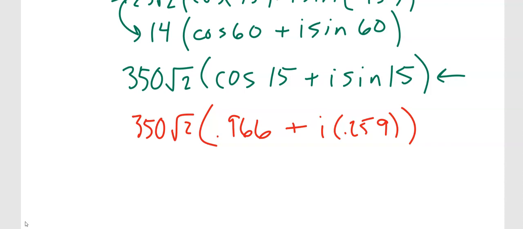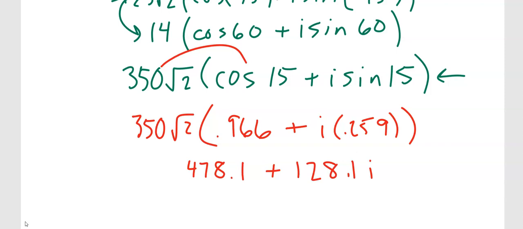So basically taking this times that, 478.1. That's good enough. Plus, and then 350 times radical 2 in parentheses times sine 15, 128.1.